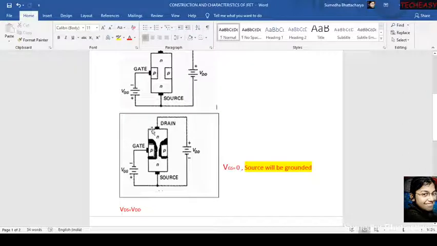The current will flow from drain to source, but this type of region resists the current flowing from drain to source. So what will happen in this case? But remember, these two depletion regions will never be attached or connected, because of electrostatic repulsion.